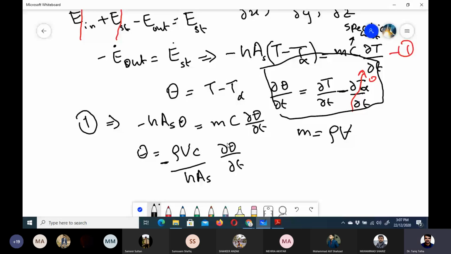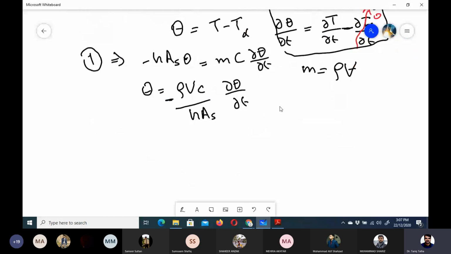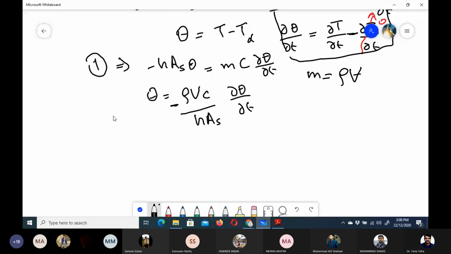Now we can do the method of separation of variables. What we do here is that the variable involving theta comes on one side, and the variable involving t comes on the other side. So we can write partial theta on partial t. Now partial can be written in terms of d, because temperature is only dependent upon time here.